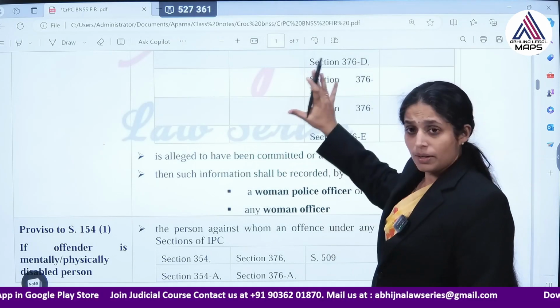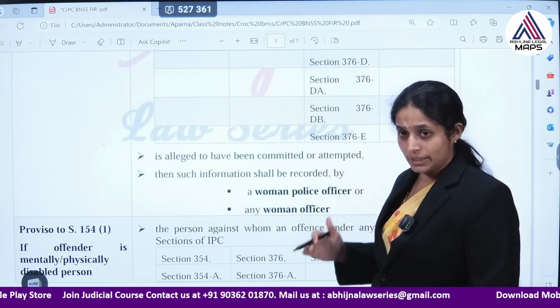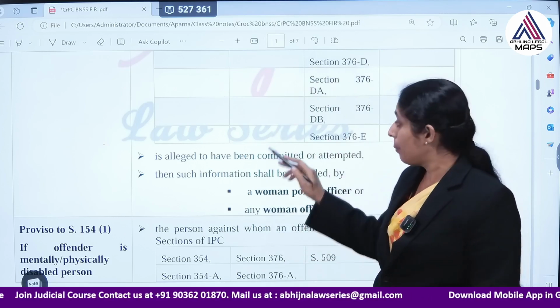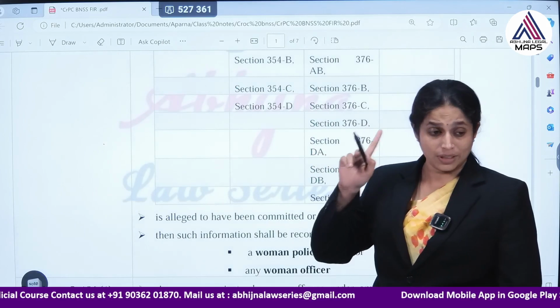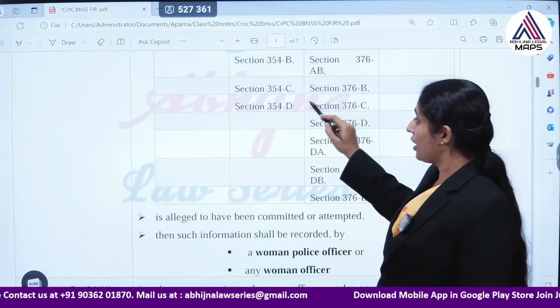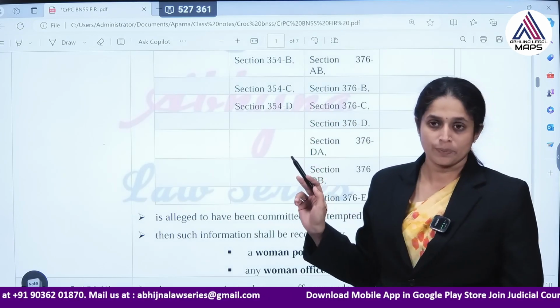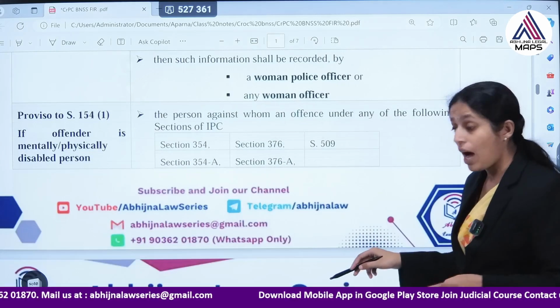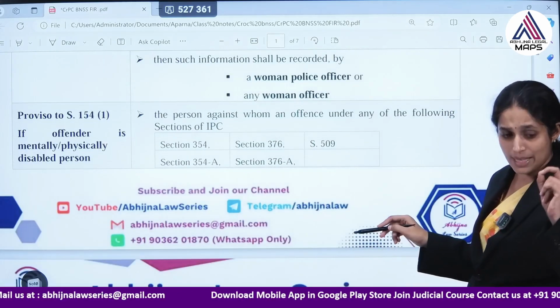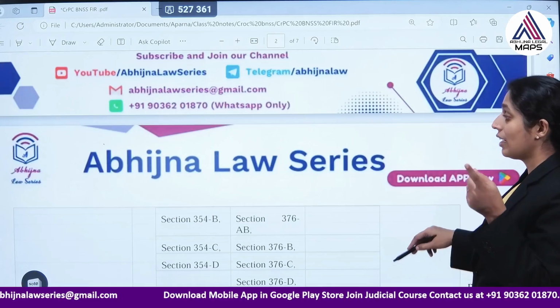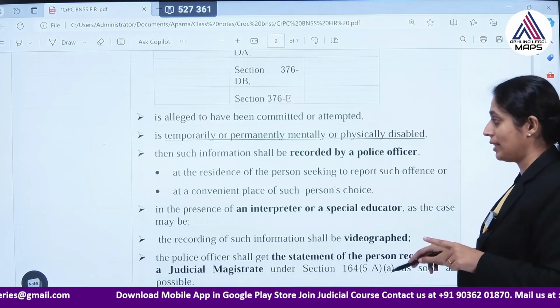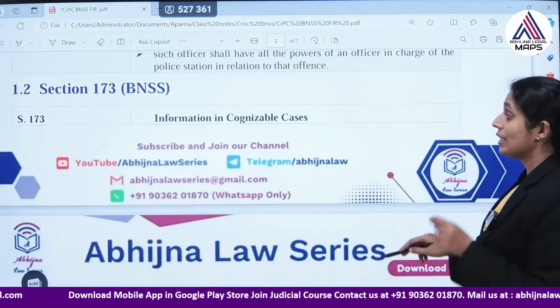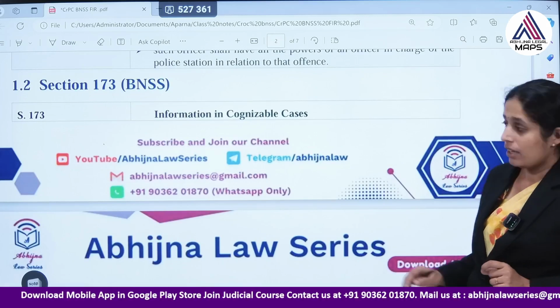The same provisions have been incorporated in the new act as well, but only one change we can find, that is the corresponding sections have been changed, because just as Bharatiya Nagarika Suraksha Samhita has been introduced, likewise corresponding to IPC we have Bharatiya Nyaya Samhita, right.